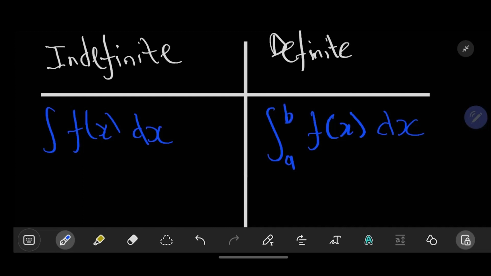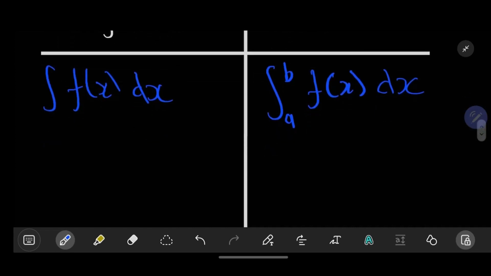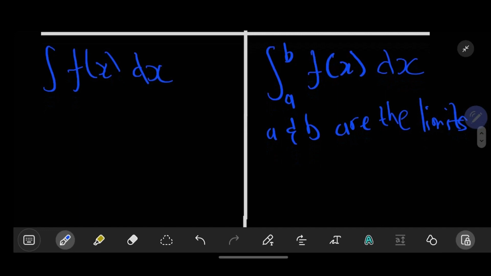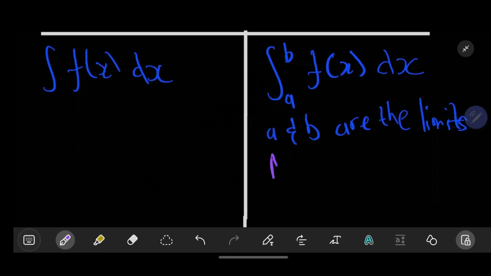Now, what do the limits a and b tell us? For the definite integral, where a and b are the limits, we will actually get a number as the final answer.